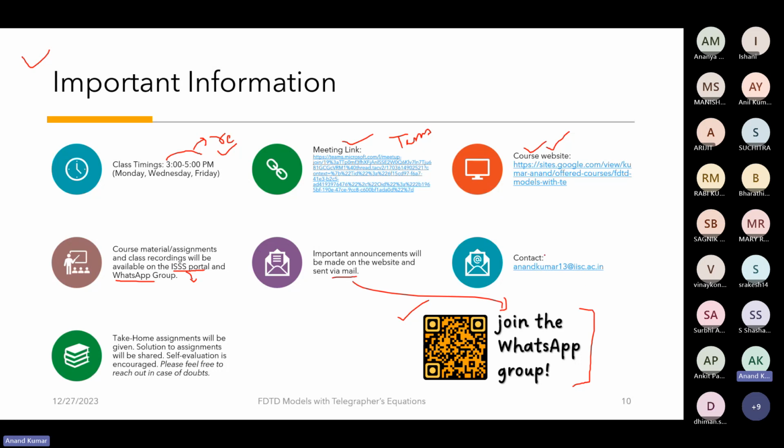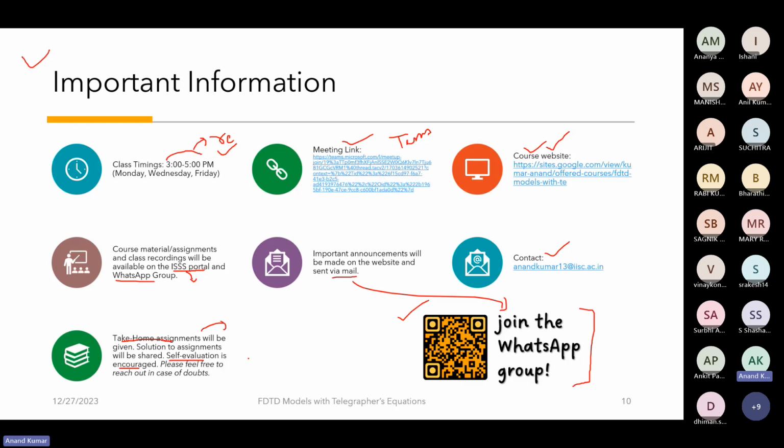This is my email ID. During the course, I will give take-home assignments. I'll share the solutions as well, but I'll encourage self-evaluation. You need not return the assignments to me, so assignments won't be evaluated. If you have doubts, you can reach out to me on the WhatsApp group, by email, or during the class.